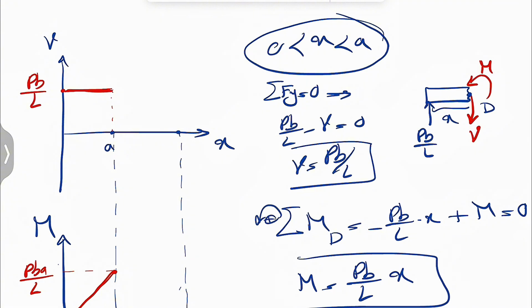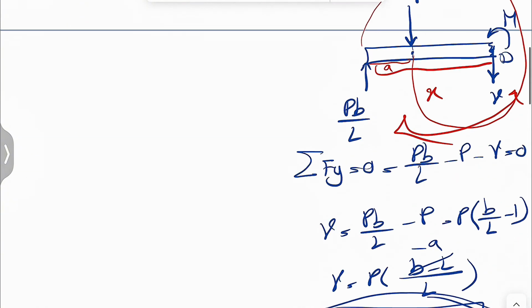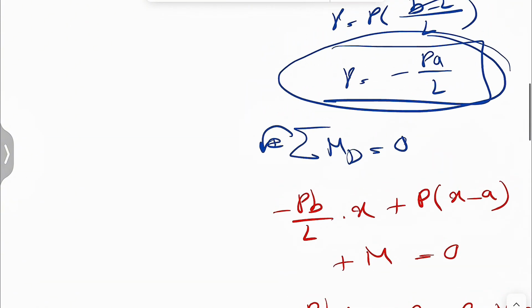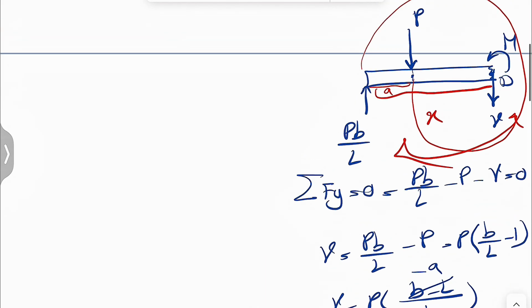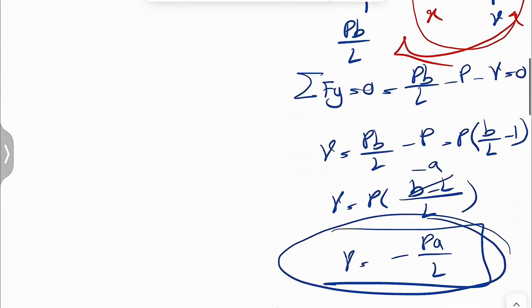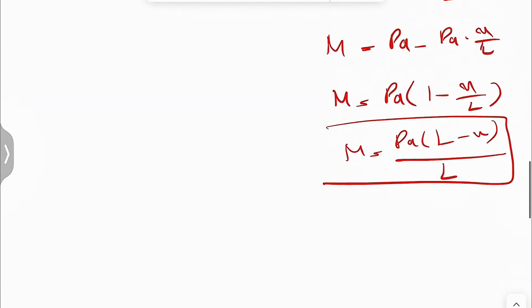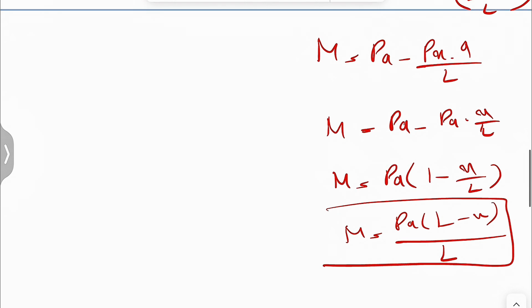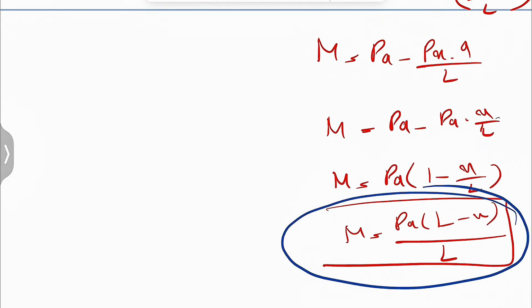Our shear is going to be a negative value where we have the value of negative PA over L. And we know A is less than B, so it's going to be a little bit less height. So it's going to go from that point here where we have negative PA over L. So that's going to be our curve for shear force, and we can see that we have a linear curve for moment, which is what we have in here.